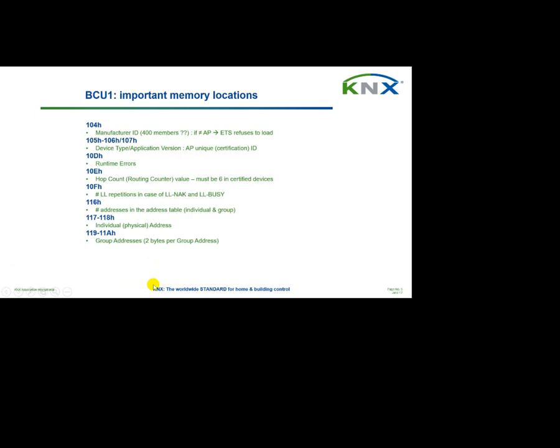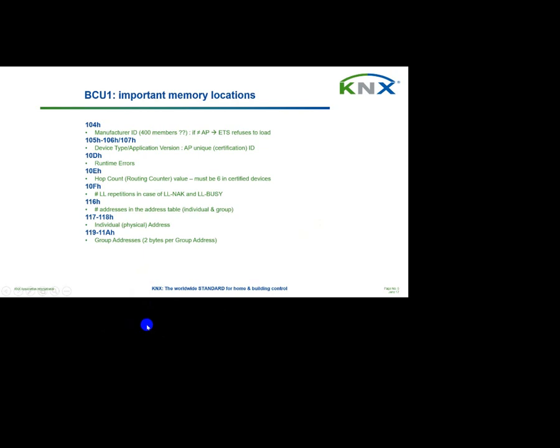116 is then the start of the so-called address table, and it starts with the number of addresses that can be found in that address table. The first address in the address table is always the individual address, so it takes 2 octets, 117 and 118. And then from 119 onwards, we always use 2 octets to put the group addresses that are used for this specific device.